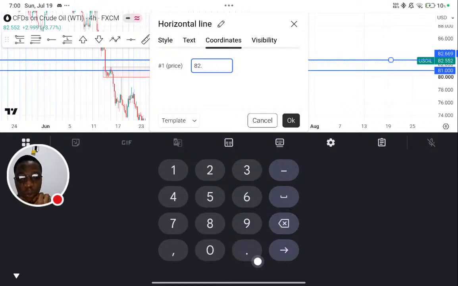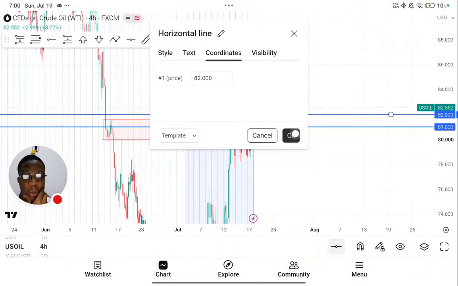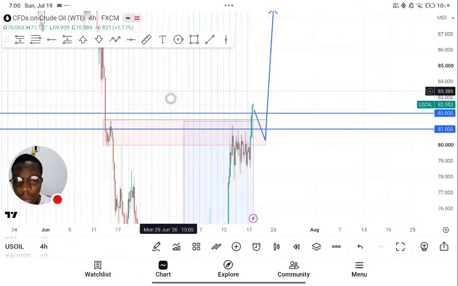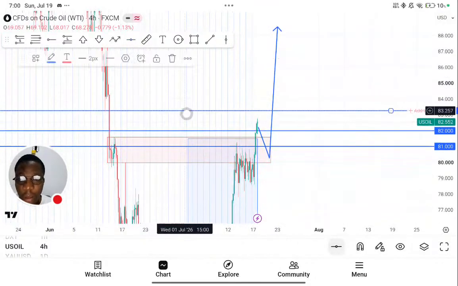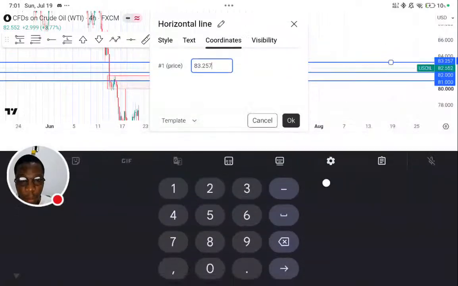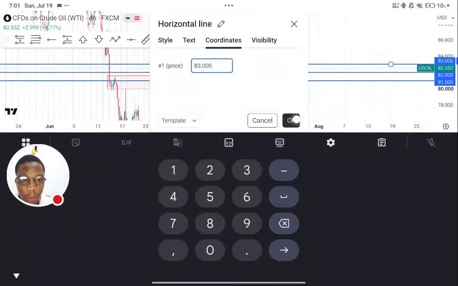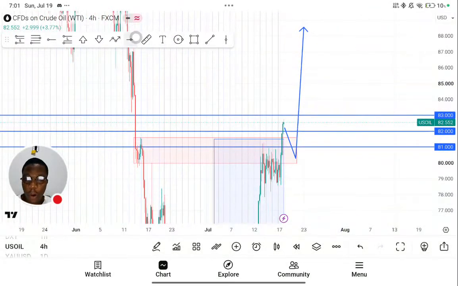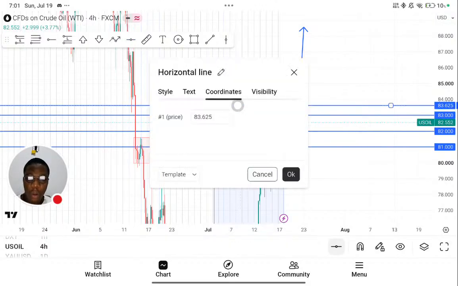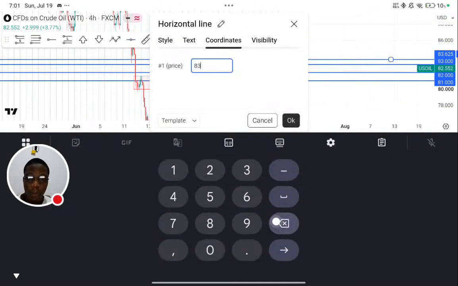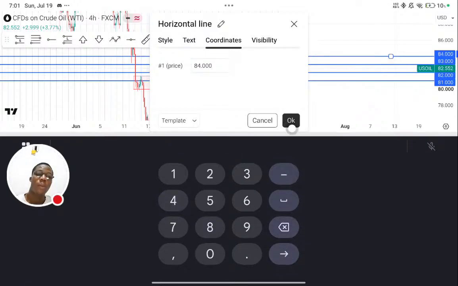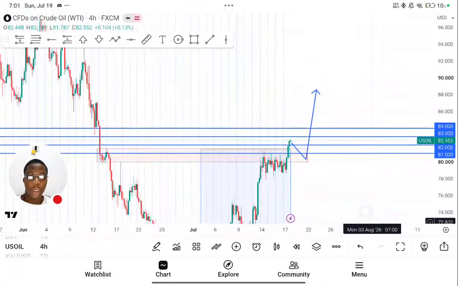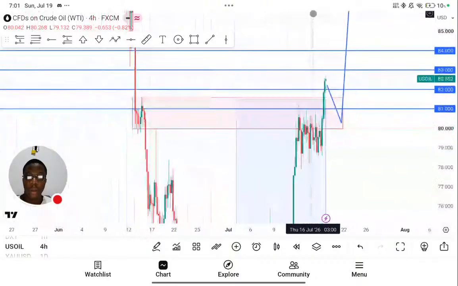And now it's back, so I would be expecting some reactions, so don't be surprised. But look how it's breaking prices. So next up is 83, then 84 dollars. Yeah, so this is what we're seeing.